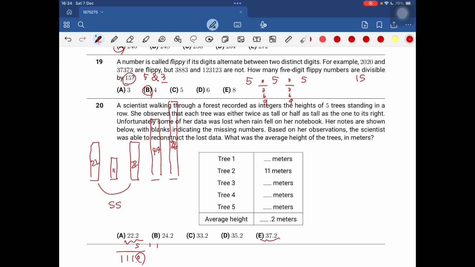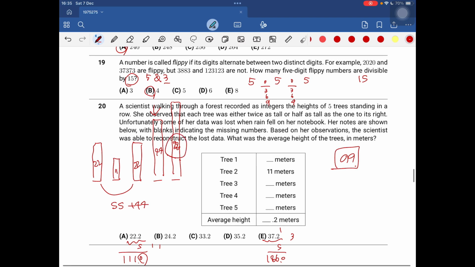Then here, let's make 186, but 88 is it very tall? So anyway, until here, this is very clear. This should be 44. So now we have 99.